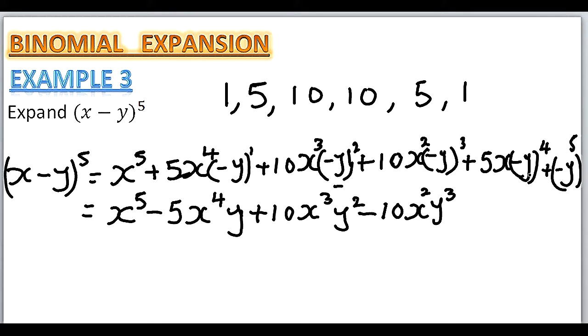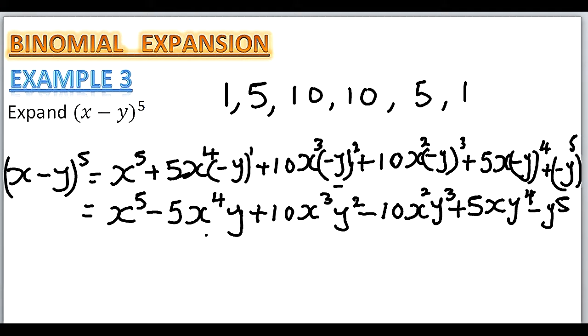Here we have minus y to power 4, so it will be plus y to power 4, so we end up with 5x y to power 4. Then minus y to power 5 will be minus y to power 5.